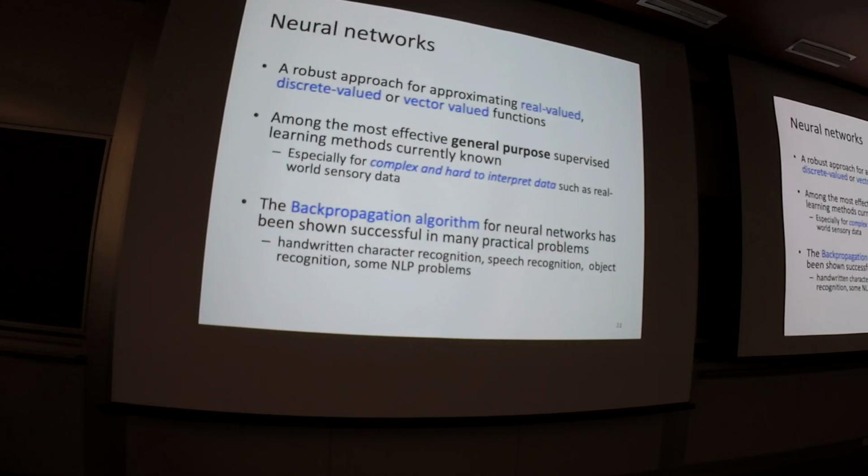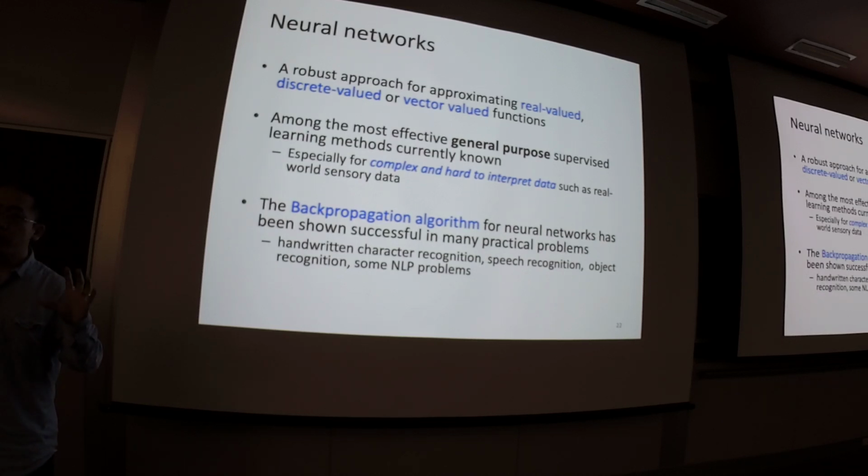So now let us formally define neural networks. First, neural networks in general are a robust approach to approximate real-valued, discrete-valued, or vector-valued functions. In research, especially in machine learning research, people usually treat artificial neural nets as a very good function approximator.